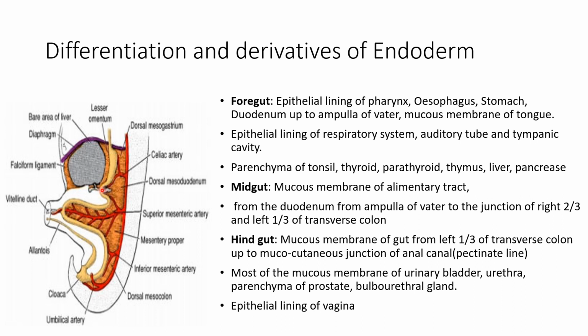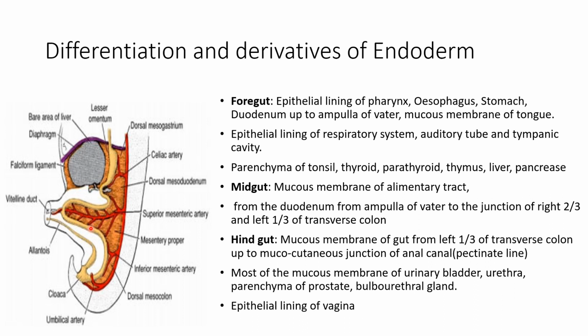So from the ampulla of Vater of the duodenum, then the third and fourth part of the duodenum, then jejunum, ileum, then the cecum, ascending colon, and the transverse colon up to its junction with the left one third is derived from midgut. Means from the second part of duodenum, from the ampulla of Vater to the junction of right two third and left one third of a transverse colon will develop from midgut.